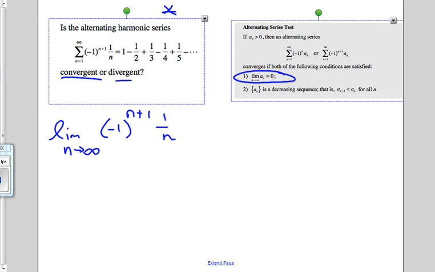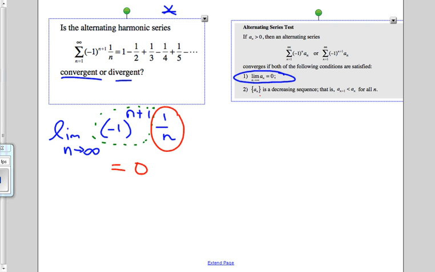So really, we can essentially just ignore this alternating factor, and we're really just looking at that. And as n approaches infinity, this equals 0. And it's approaching 0 from both sides, positive and negative, but each of those terms is getting close to 0.